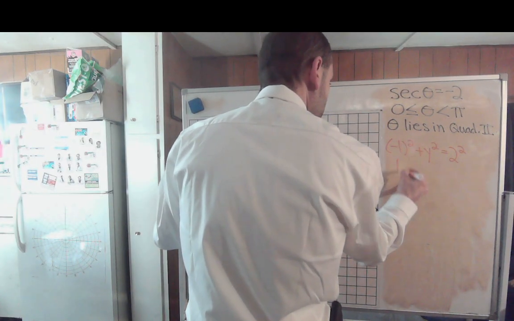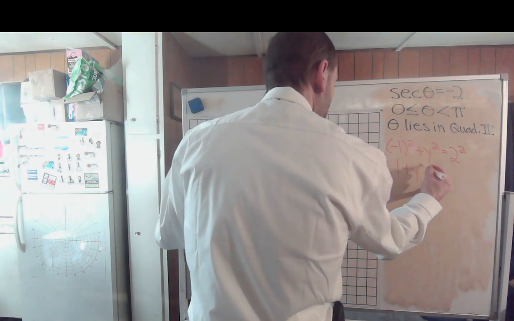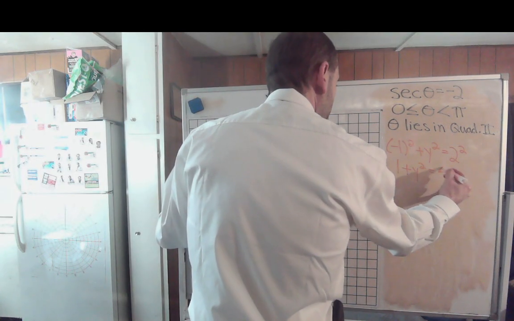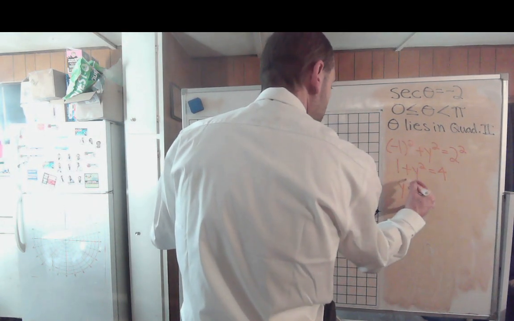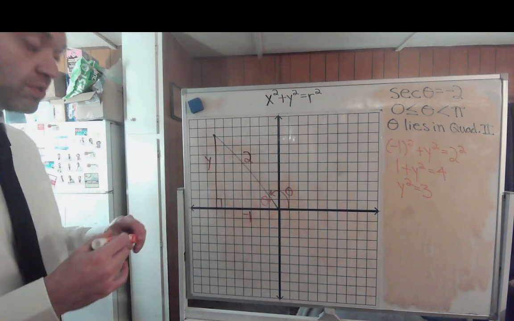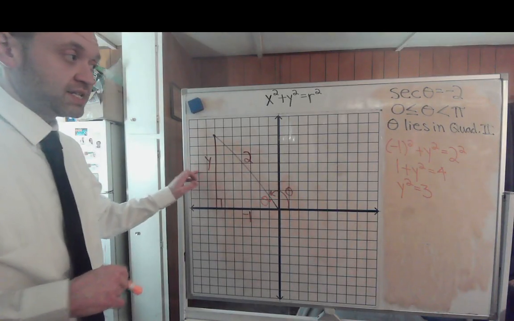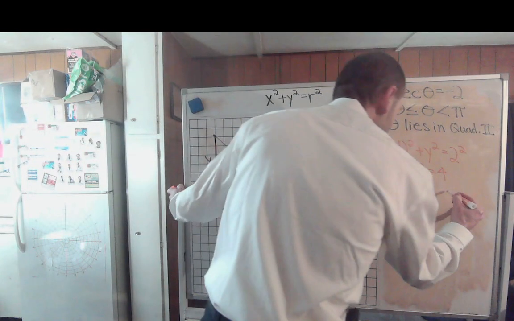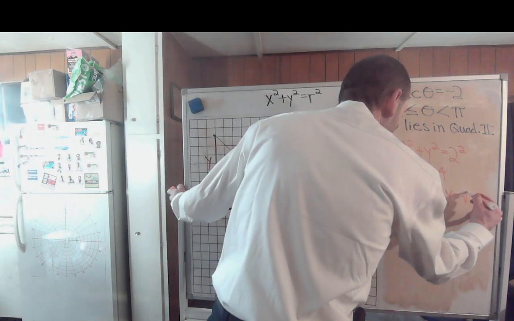So this will turn into 1 plus y squared equals 4, which means that y squared equals 3. And since we're in the second quadrant, we take the positive square root of that, so that means y would just equal the square root of 3.